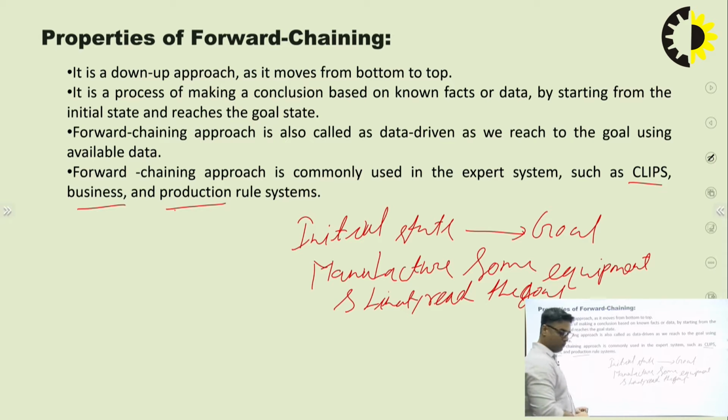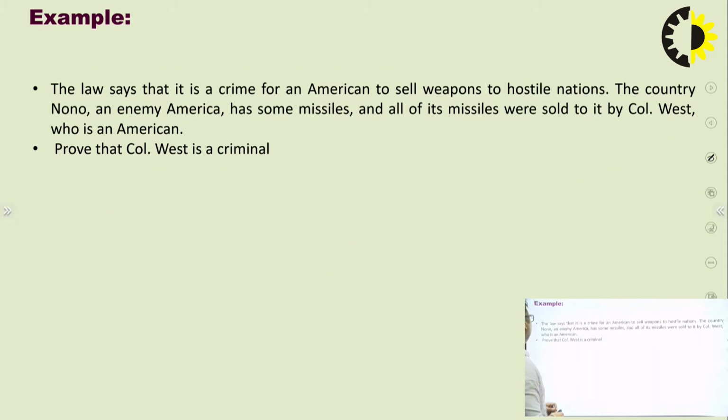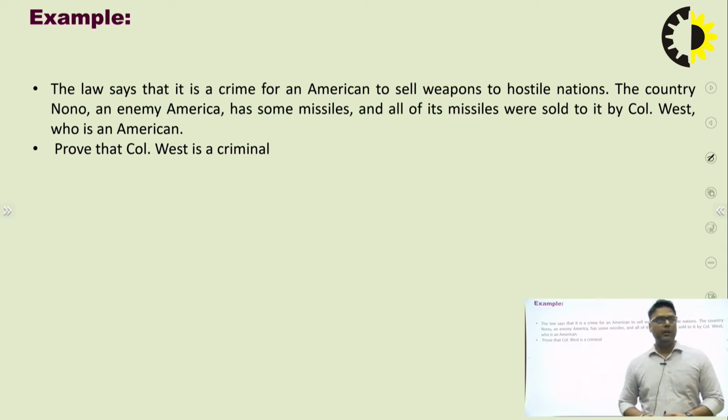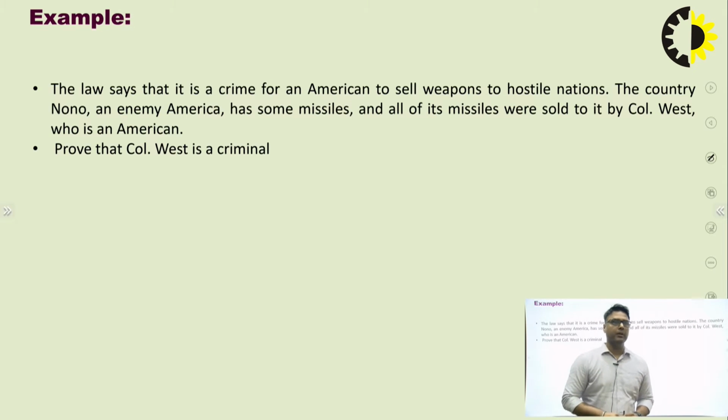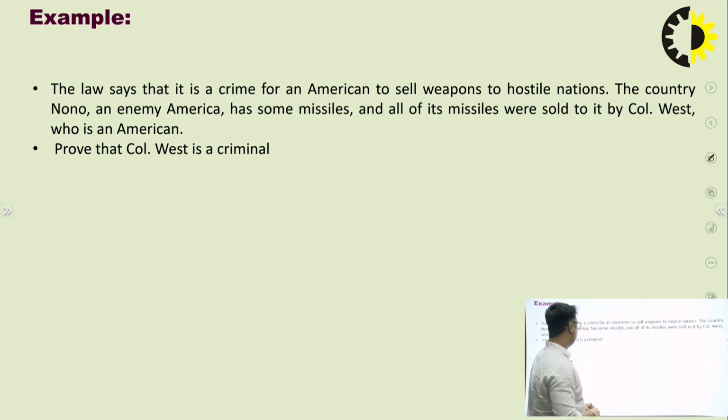So here I take one more example. It is a most important example from the point of view of university exams and other competitive exams. Some of the books already use this example, so I will discuss it step by step. In this example, I will discuss how to generate the tree.